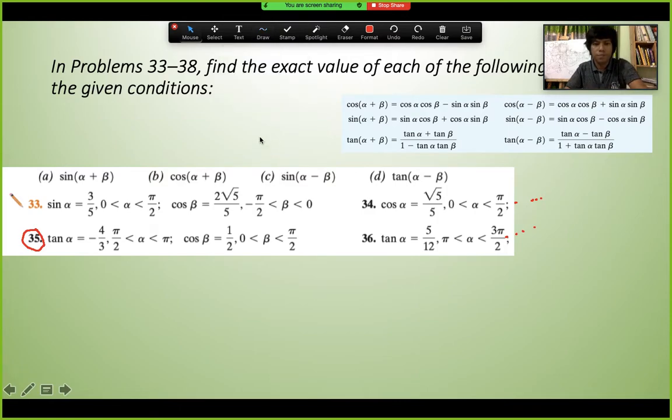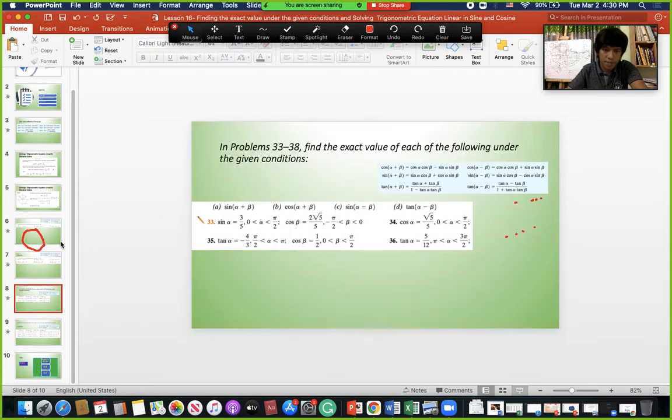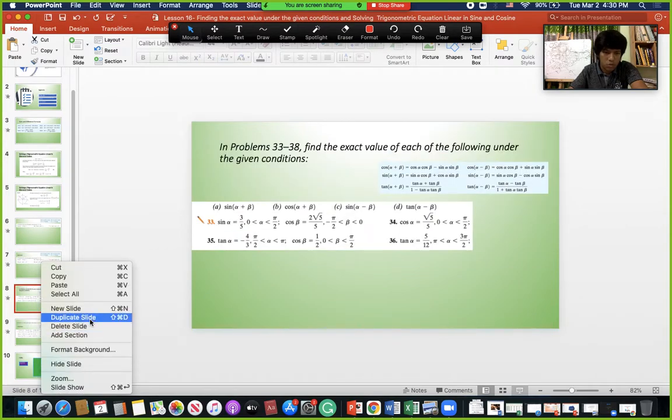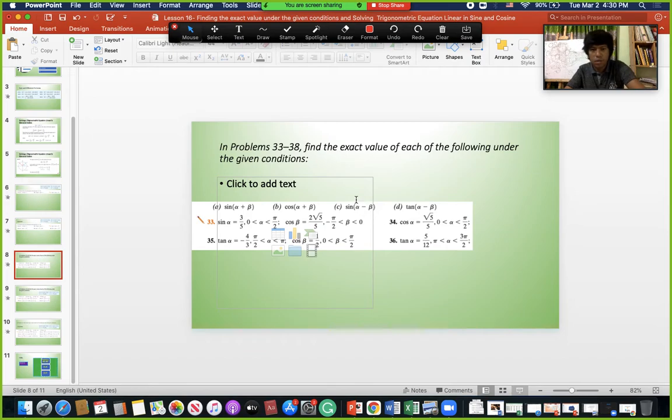Let me take a little bit of space here because it will take huge space. So, duplicate slide. This one, only number 35 we will keep.